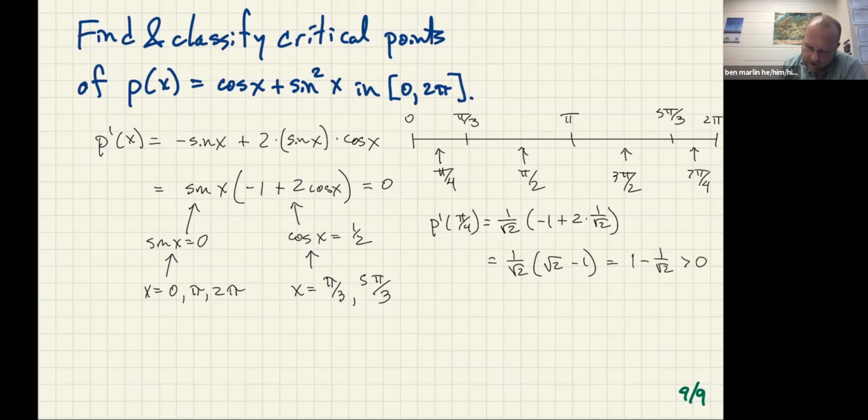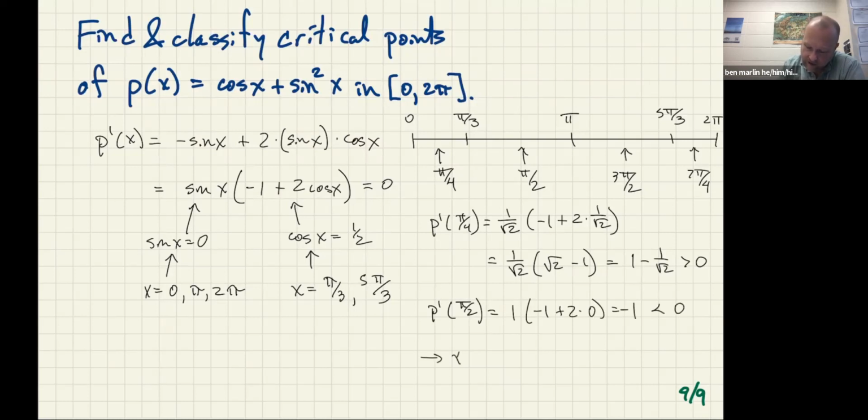Okay. Now we'll try p prime at pi over 2. Okay. Sine of pi over 2 is 1. And negative 1 plus 2 times the cosine of pi over 2 is 0. So we get negative 1. That's negative.